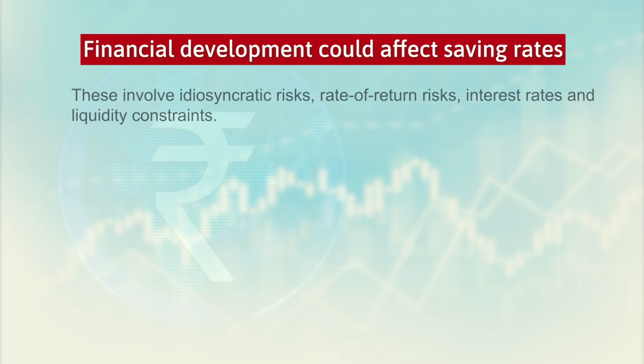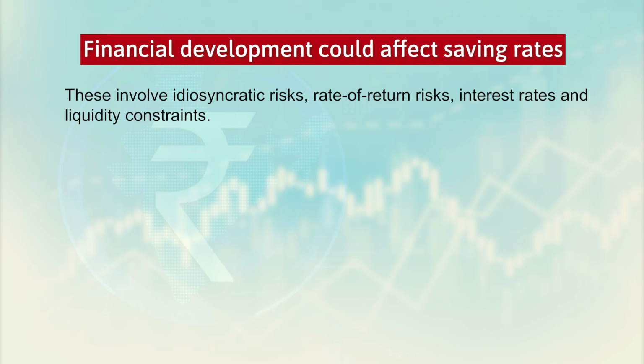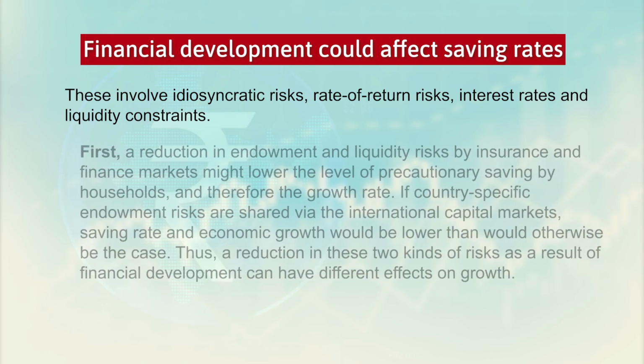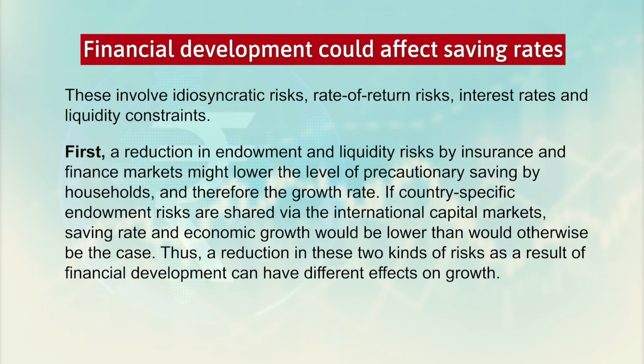Now, we know that this involves idiosyncratic risks, rate of return risks, interest rates, and liquidity constraints. Firstly, a reduction in endowment and liquidity risks by insurance and finance markets might lower the level of precautionary savings by the households, and therefore, at the end of the day, it can have an impact on the rate of growth of the economy.